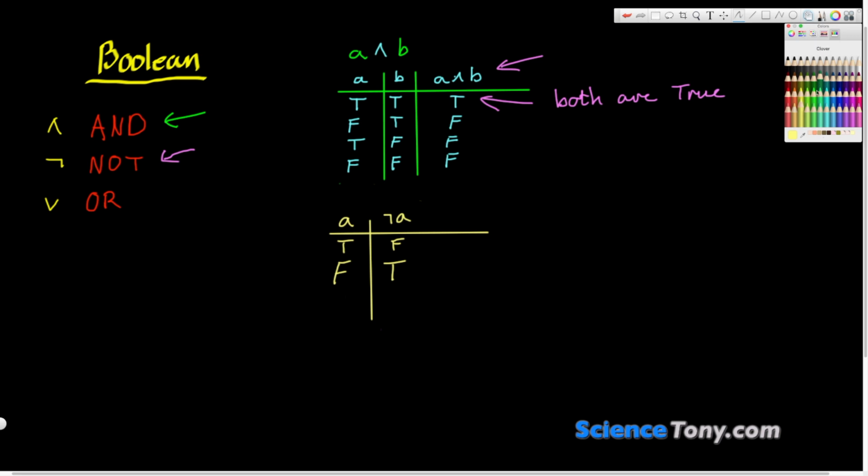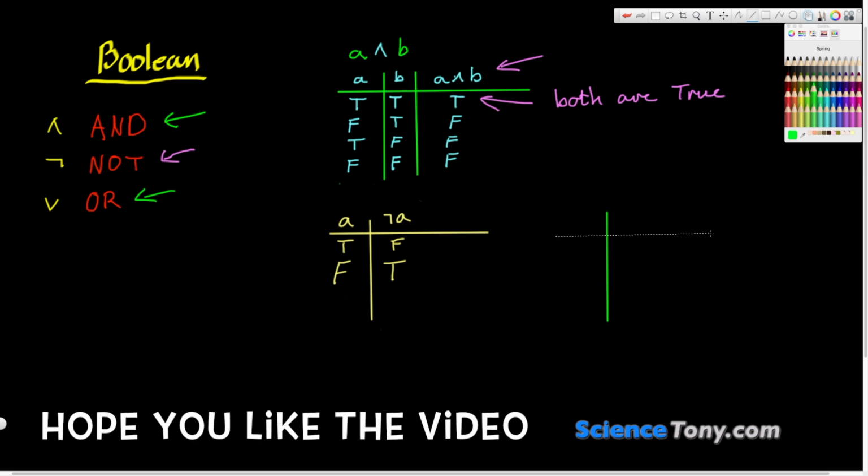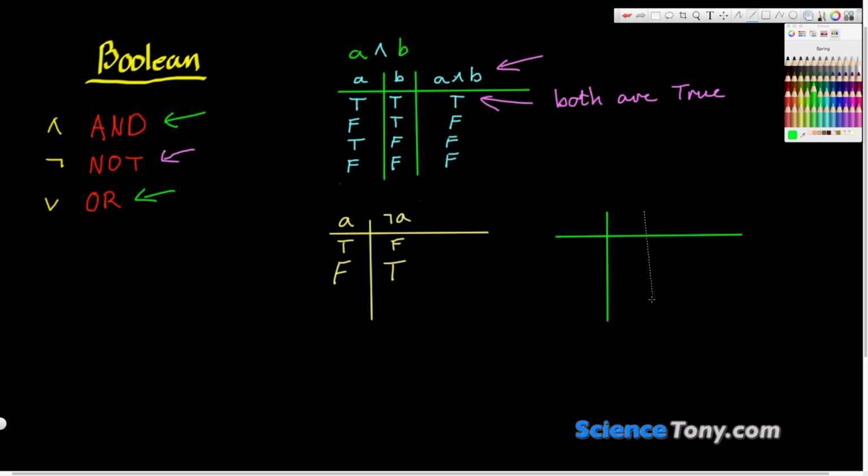If we now look at this OR, and I do another table, we have A and B, and this is going to be A or B. So I'll put that in here, A or B. We draw out our truth table.